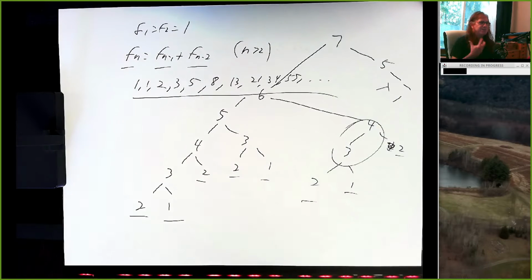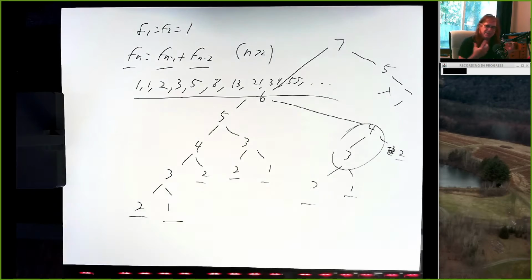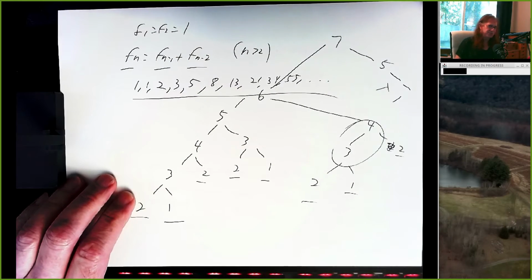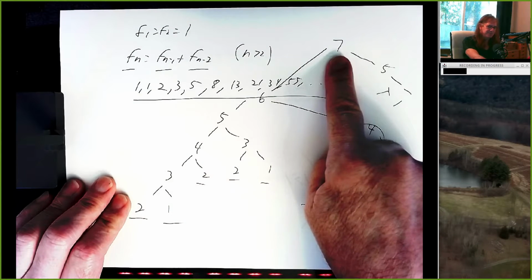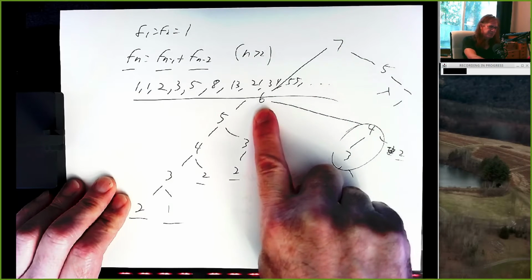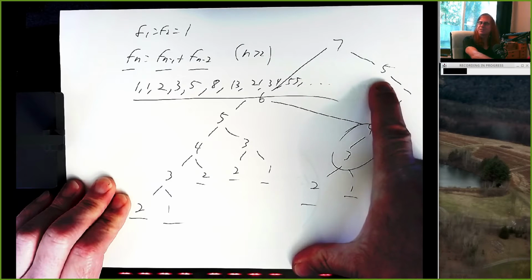And so the amount of work we have to do, the number of recursive calls we have to make to calculate the nth Fibonacci number, is increasing as n increases. And in fact, the amount of work we have to do to calculate f7 is the amount of work we have to do to calculate f6 plus the amount of work we have to do to calculate f5.